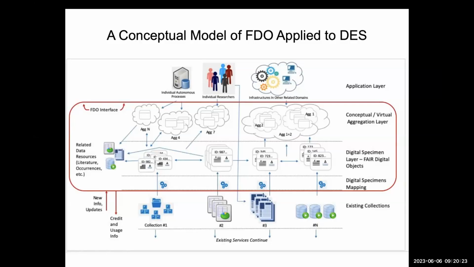And then above that, you have clouds, which aggregate the data into virtual collections. And you associate other information with it. That's the extended specimen part. And Sharif will talk more about that in his talk. And then at the top, you have clients. But again, the clients only need to understand one interface. They don't need to understand 27 interfaces, as they might have to do if we didn't have this middle layer.